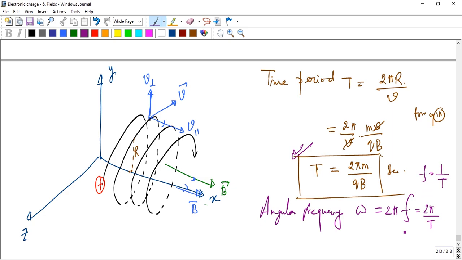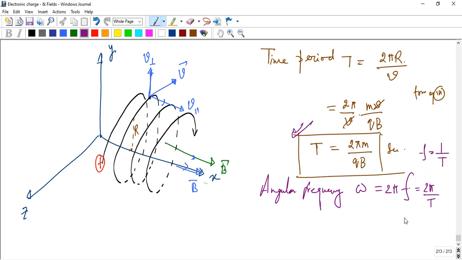So omega equals 2 pi by T, with T equal to 2 pi m by qB. Now 2 pi cancels, so omega equals qB by m, the angular frequency.